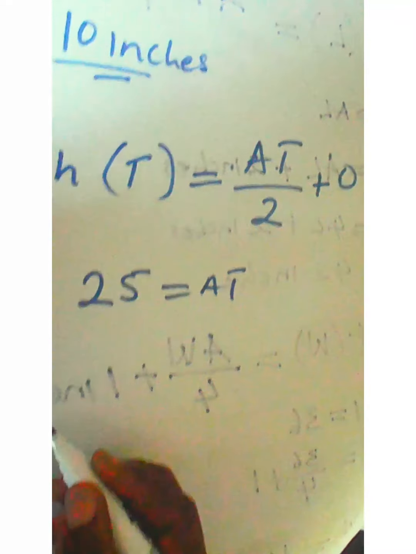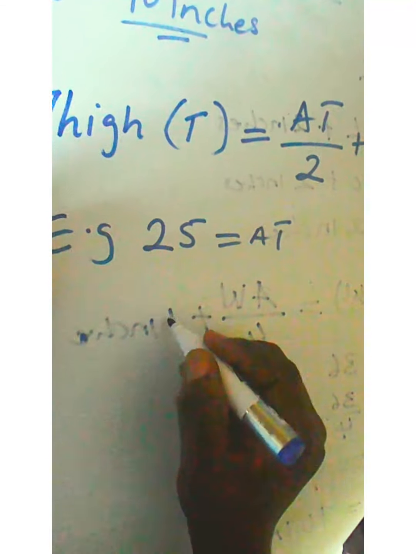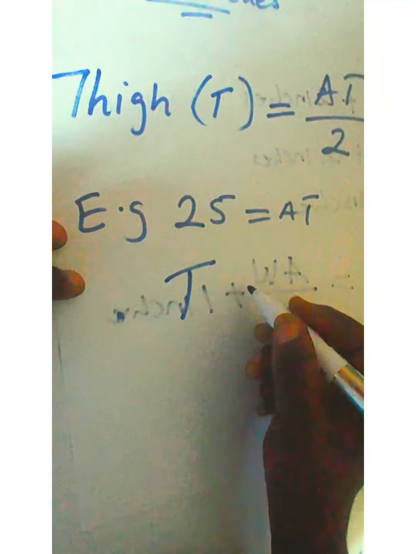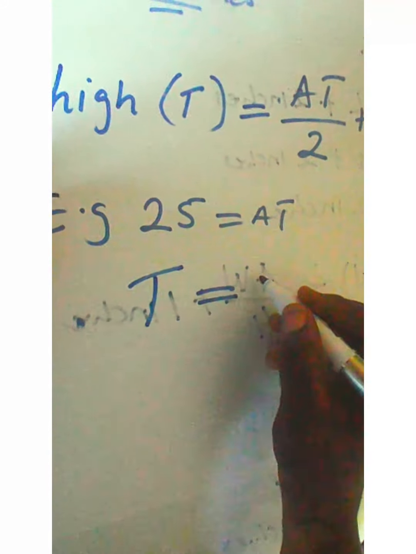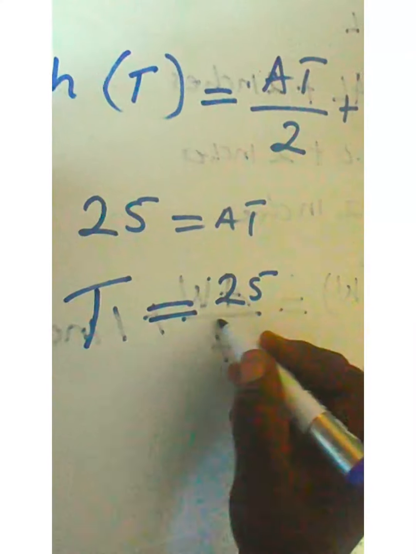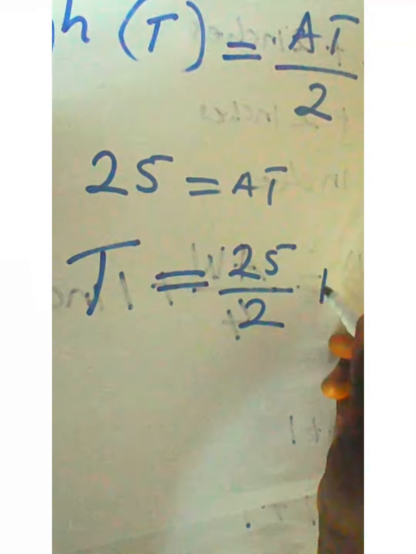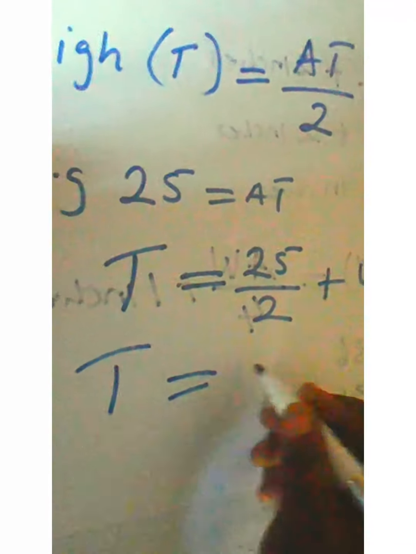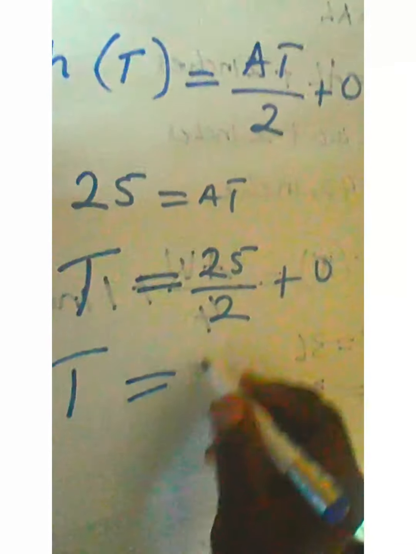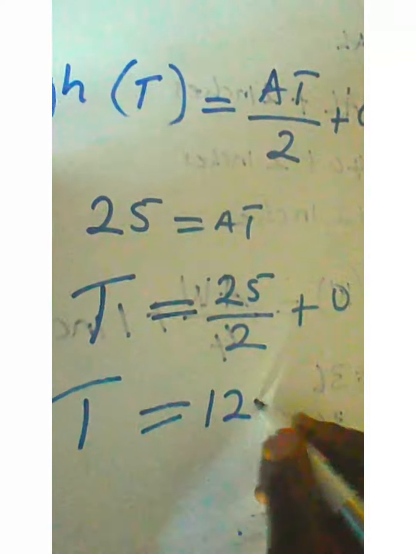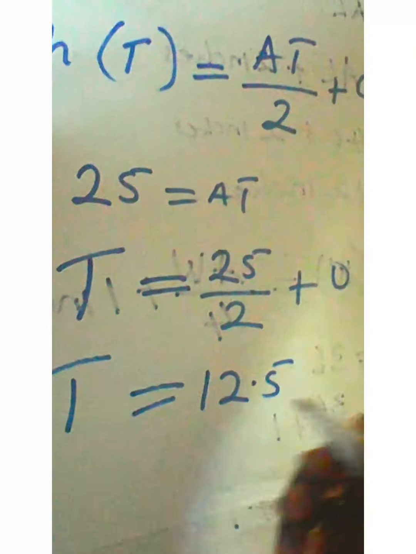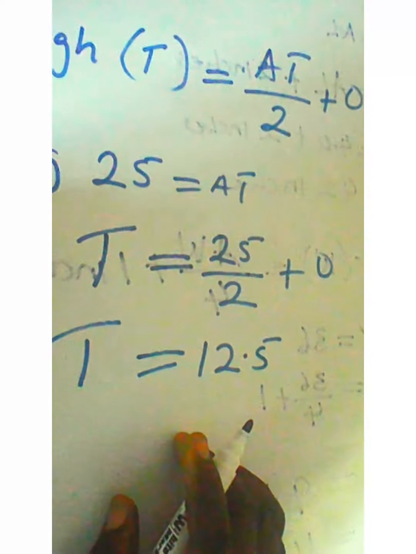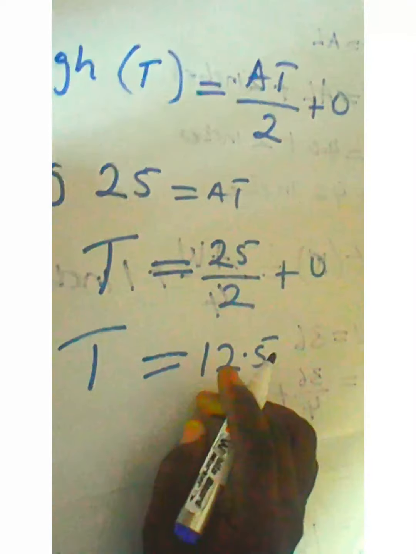So when you are cutting, the tie you are going to use, T, is equal to 25 divided by 2 plus 0. Therefore the tie that you are using will be 25 divided by 2, which is 12.5 or 12 and a half, as the case might be. So this is the tie you are going to use.